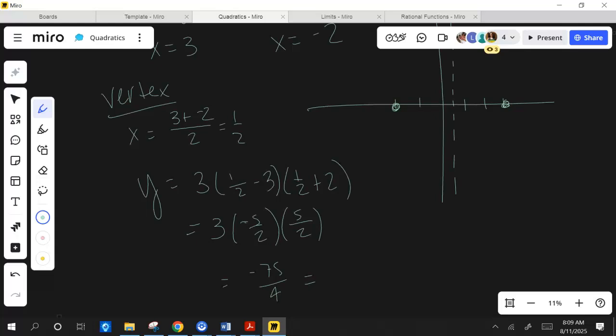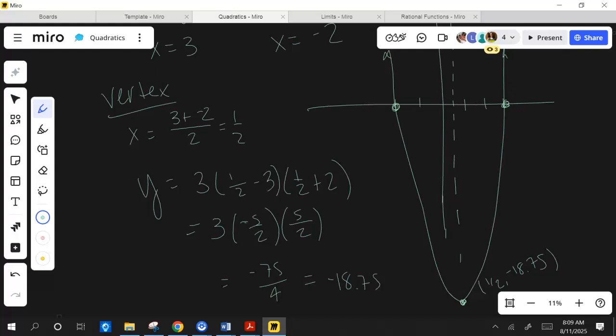So y'all can help me out. 18.75? Thank you. So, you didn't have room. I would have just come down here way below the graph and just labeled it 1/2, negative 18.75, so that everybody knows you found the correct one, but there you go.